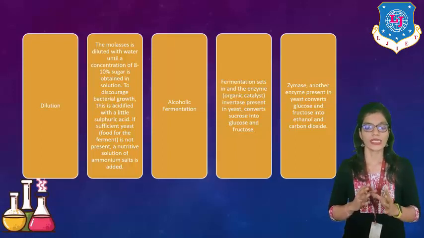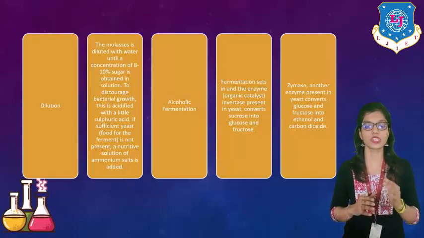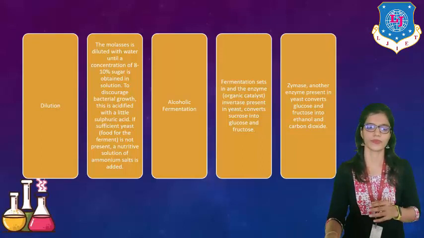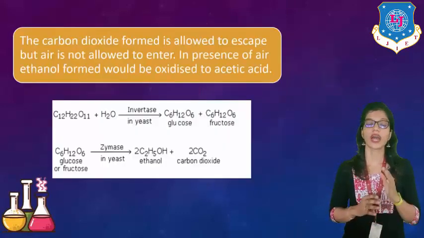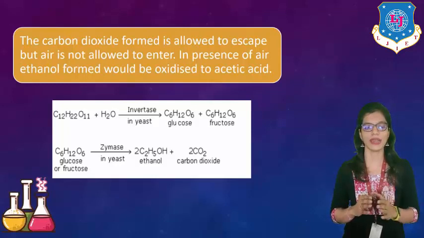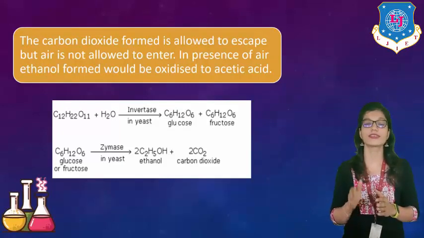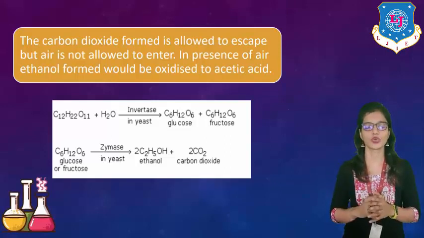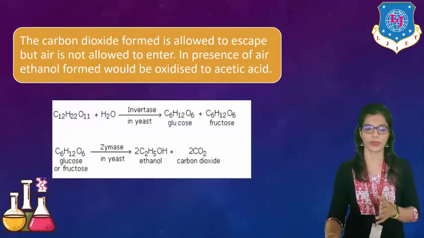Zymase, another enzyme present in yeast, converts the glucose and fructose into ethanol and carbon dioxide. The carbon dioxide formed is allowed to escape, but air is not allowed to enter. In the presence of air, the ethanol formed will be oxidized to acetic acid. How is it possible? We will observe it through the example.